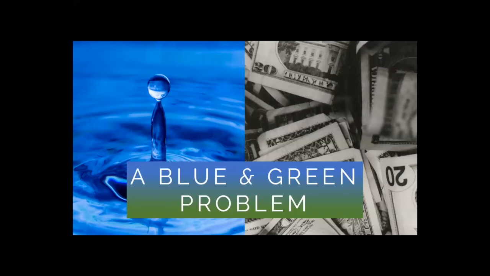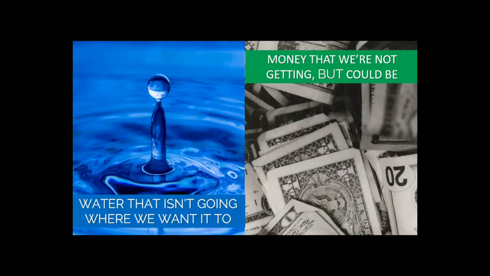You have a blue problem and a green problem, where the blue is your water volume and your green is your revenue or your money. And the problems that they can generate is that your blue problem is caused by the water that's not going where we want it to go. And the green problem is caused by money that we're not making, but that we could potentially be making.